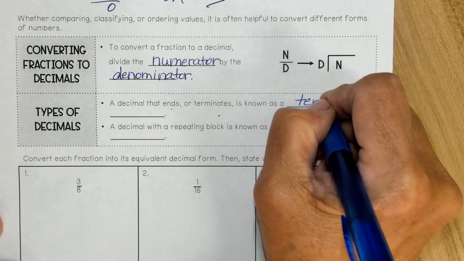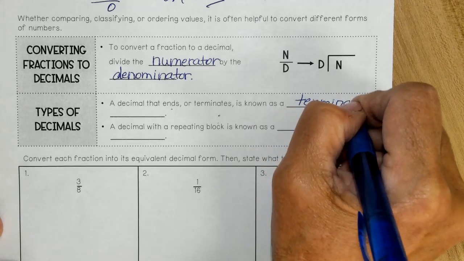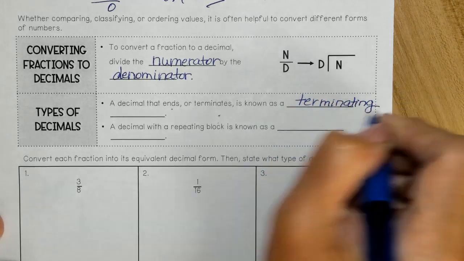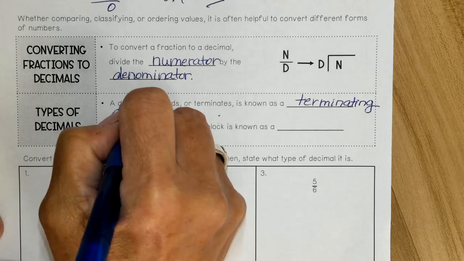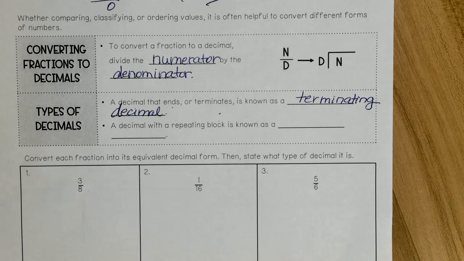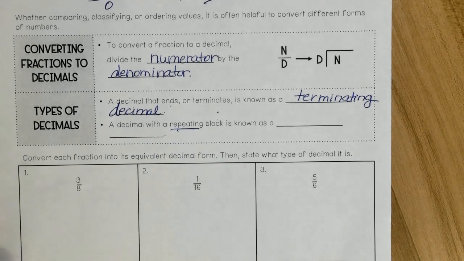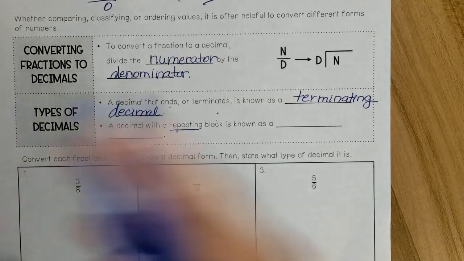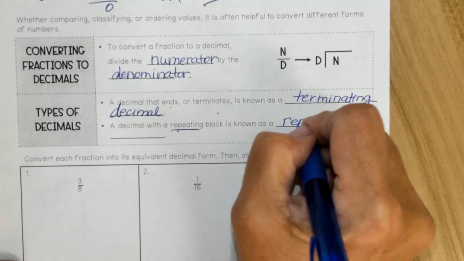It's called a terminating decimal. And then a decimal with a repeating block of numbers, that's known as a what kind of decimal? Repeating decimal, very good.